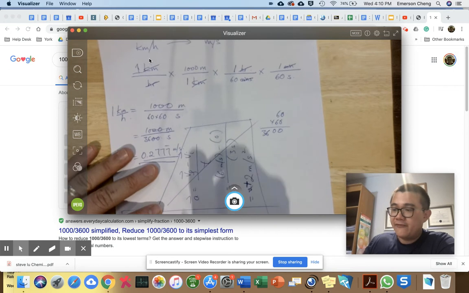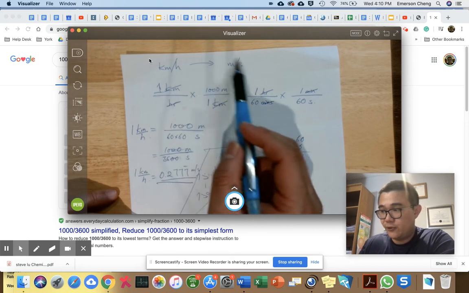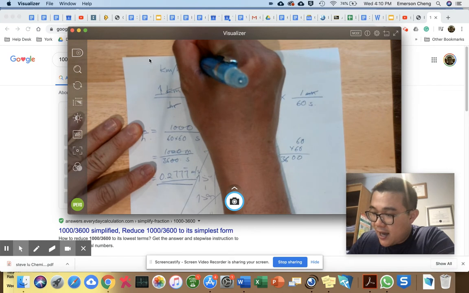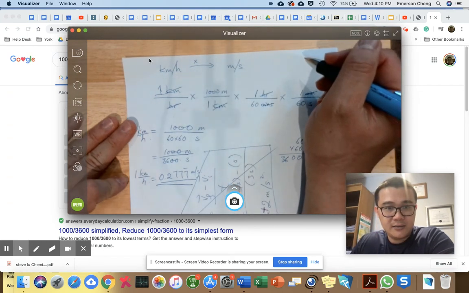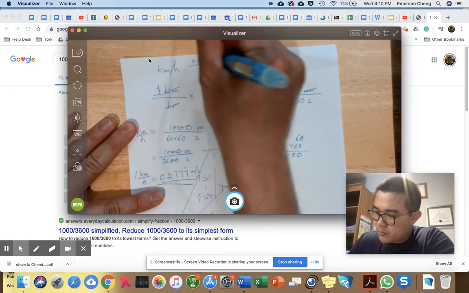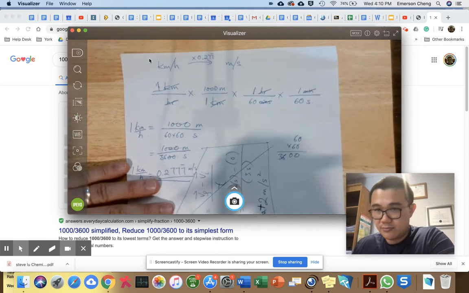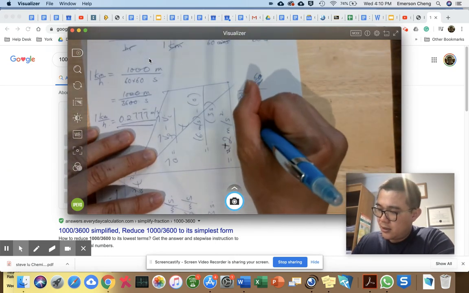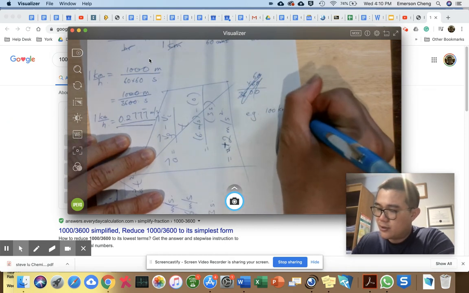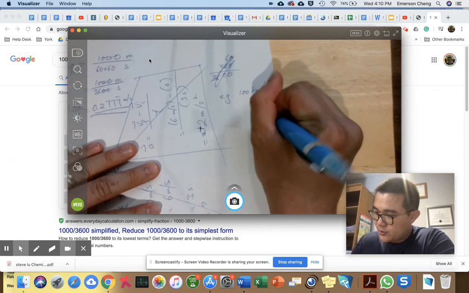So if you have a car that is 100 kilometers per hour, and you want to convert that into meters per second, what you need to do is really just multiply whatever speed you have in kilometers per hour by 0.277 repeated. That will give you the speed in meters per second. So for example, a car that is going 100 kilometers per hour, which is our legal driving speed. I want to find out what it is in meters per second.